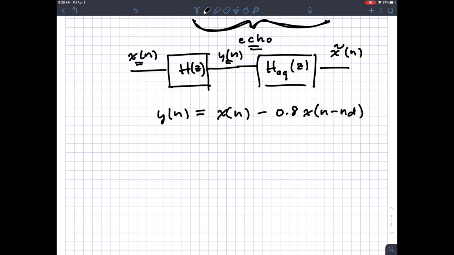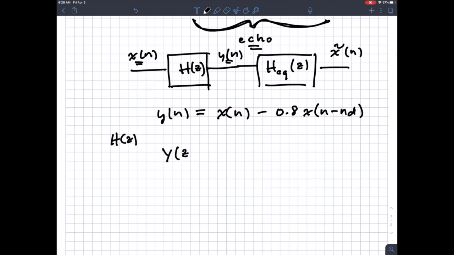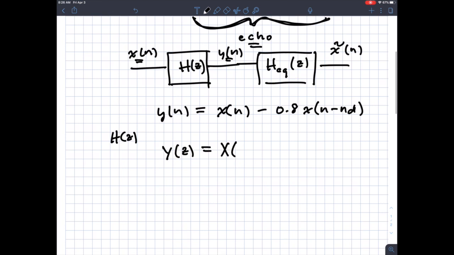To find h of z, I take the z transform, and this is very similar to Laplace, so everybody's had Laplace, so you can take the same ideas. You take the z transform: the transform of x is x of z, the transform of y is y of z, and then there's some math that you may not have had if you haven't had DSP.